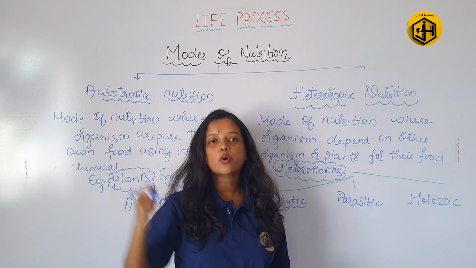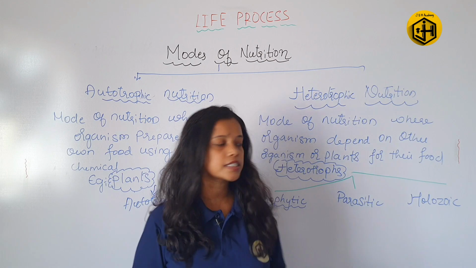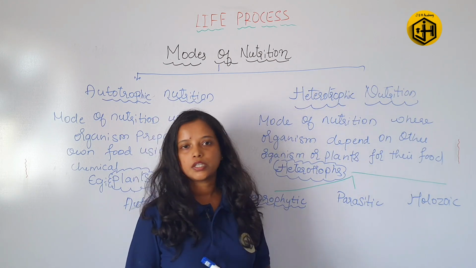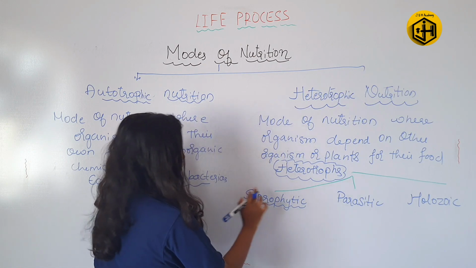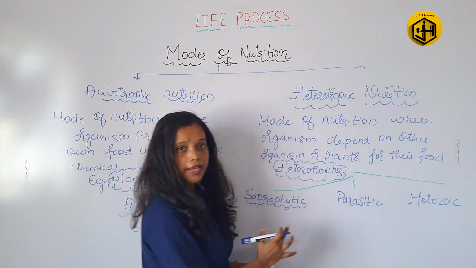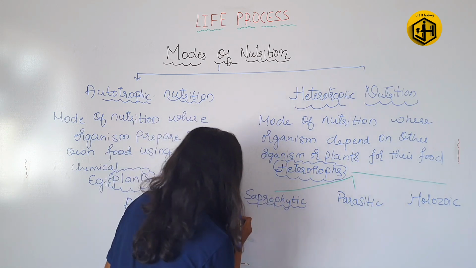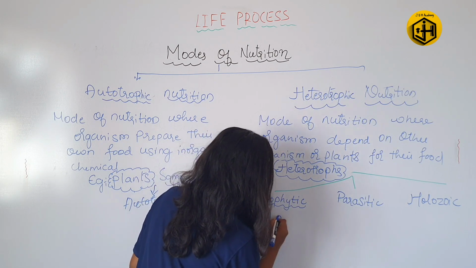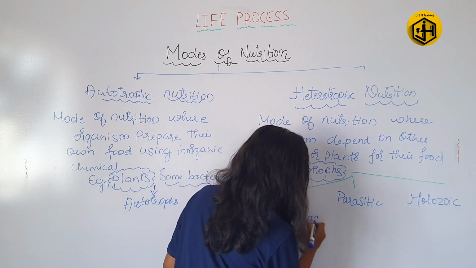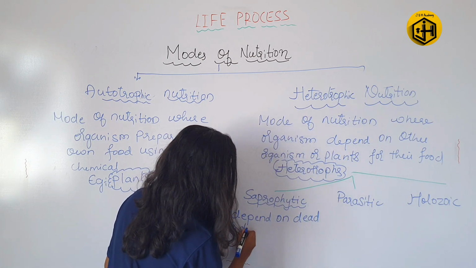So such mode of nutrition is called saprophytic nutrition. It is a mode of nutrition where organisms depend on dead and decaying matter.